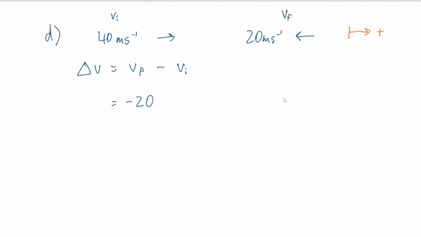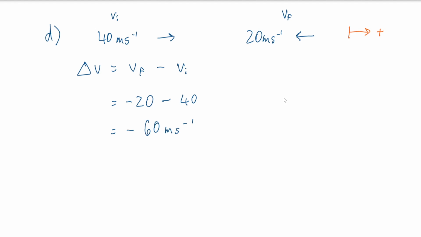Where that negative just tells us that it's moving to the left. And we take away the initial velocity, which is 40 meters per second to the right, so VI will remain positive, and we're subtracting that. So we'll end up with negative 20 minus positive 40, giving us minus 60 meters per second.